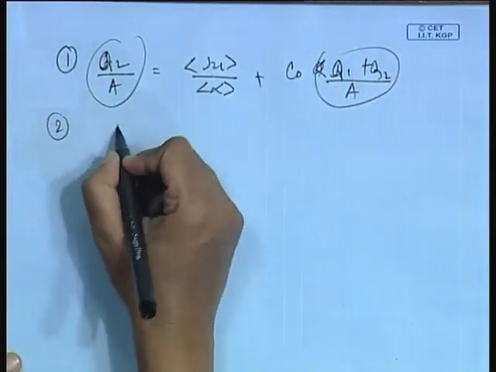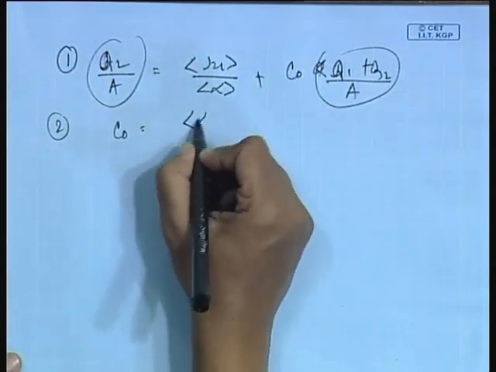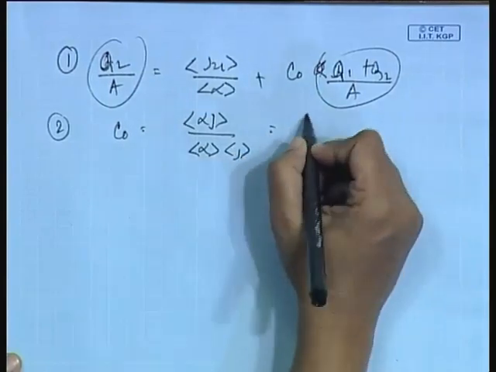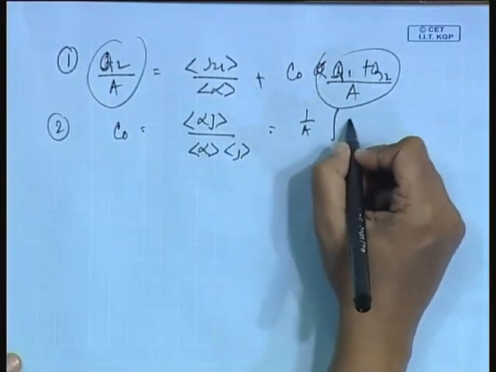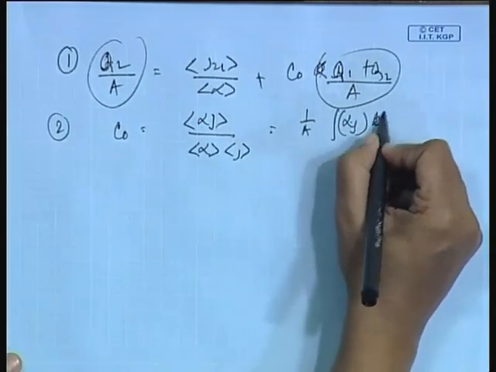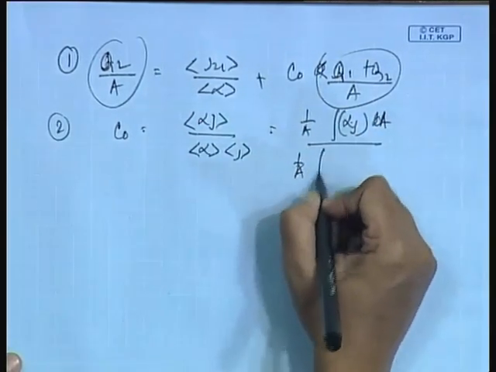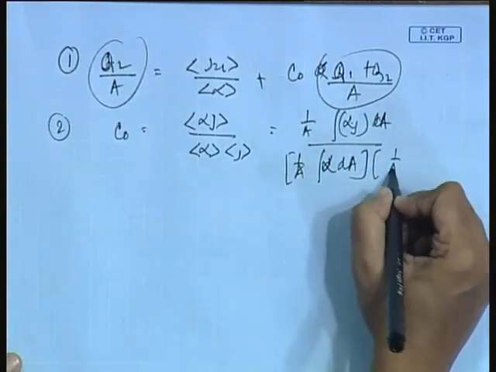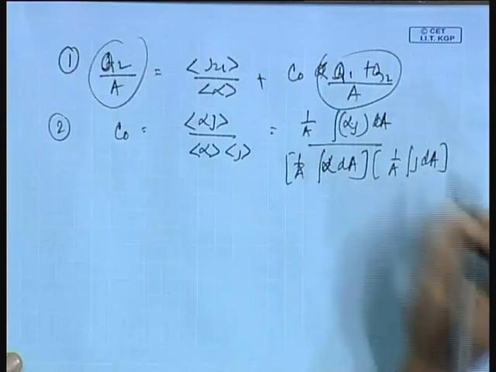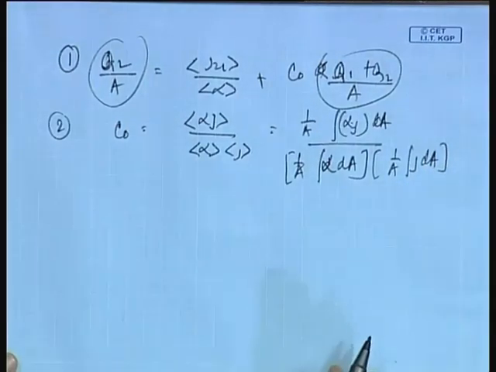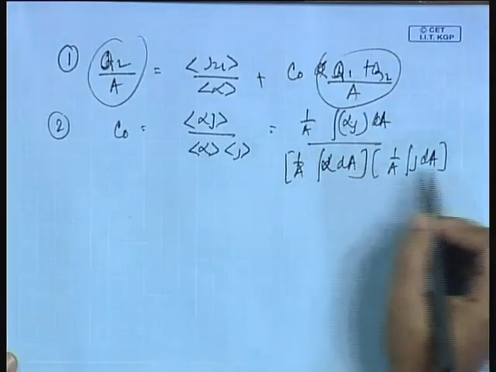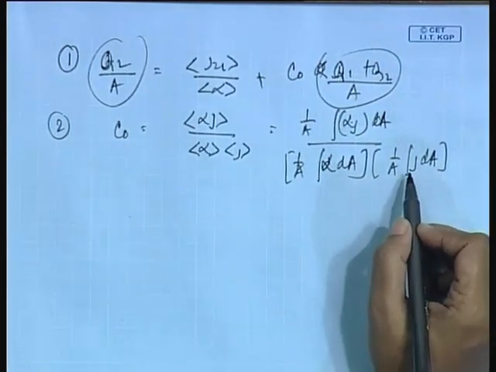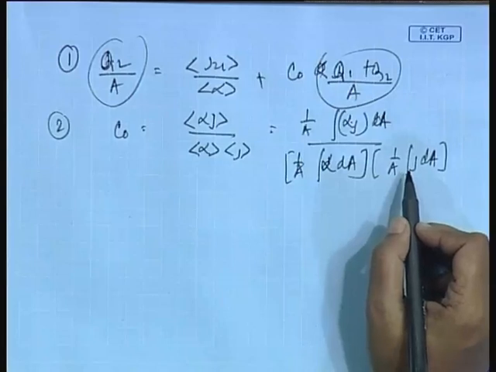The other thing is the basic definition, alpha j by alpha j, or in other words, the actual definition. So, from the velocity profile and the concentration profile also, we can find out C0. This can be the other way, isn't it?